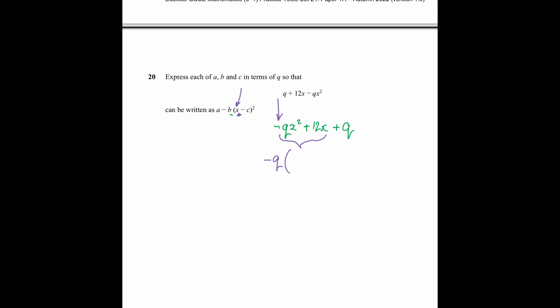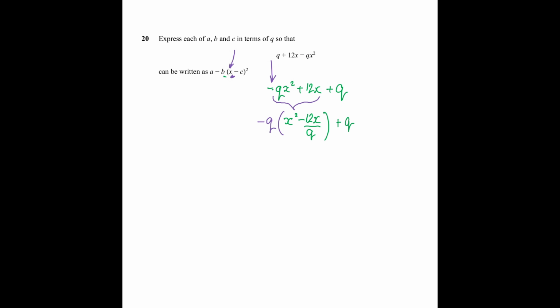Because if I do that, the first term I write is x squared, and the second term I'll write is negative, because I need the minuses to cancel out, 12x. But I'm going to have to divide it by q, right? Because if you expand this out, you would go back to getting plus 12x and minus qx squared. Fair enough. So I've just factorized the first two terms.